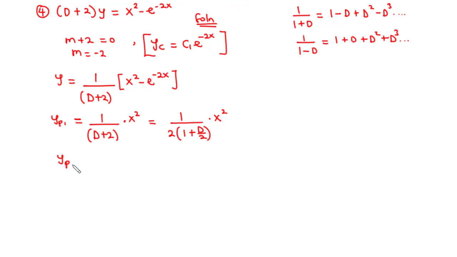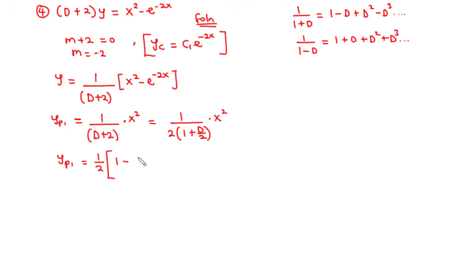So therefore we have yp1 equals, now using this expansion, 1 over 2 on the outside, and then using this expansion, we have 1 minus, in place of d here, we have d over 2.